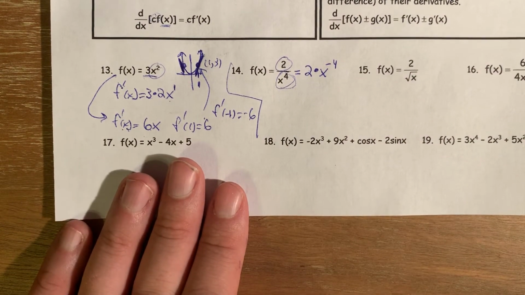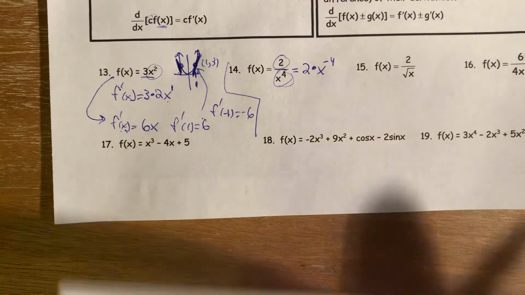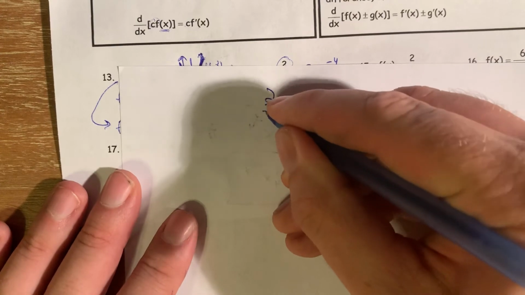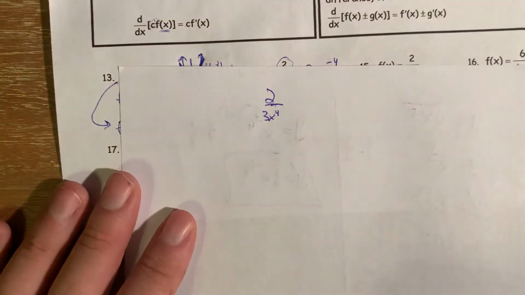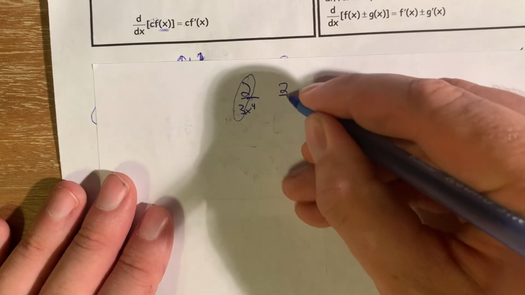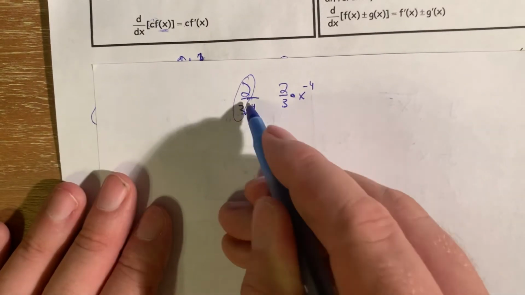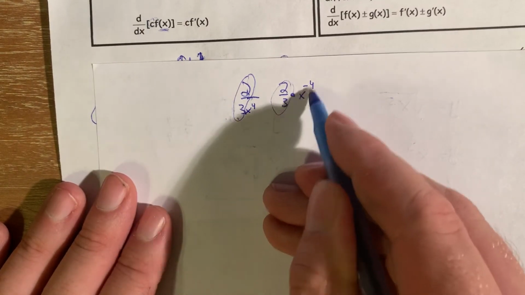So 2 times x to the negative fourth. This is something that throws some kids off: if this had been like 2 over 3x to the fourth, the constant multiplier is 2/3. This would be 2/3 times x to the negative fourth. The 2/3 is a constant, and the x to the negative fourth.